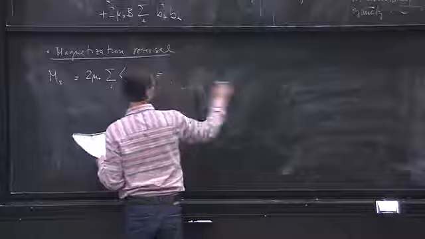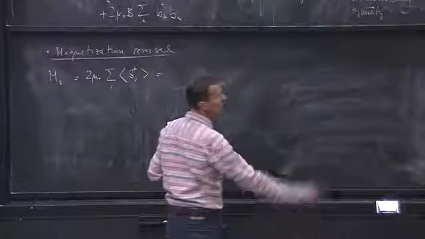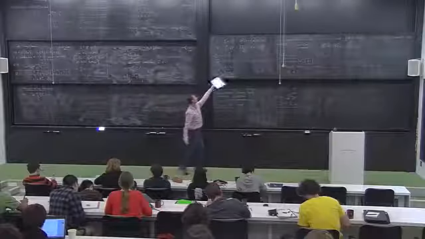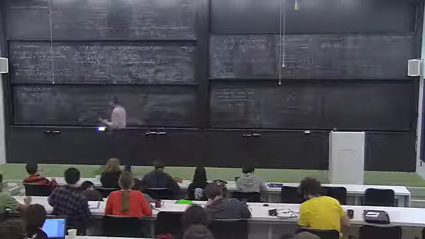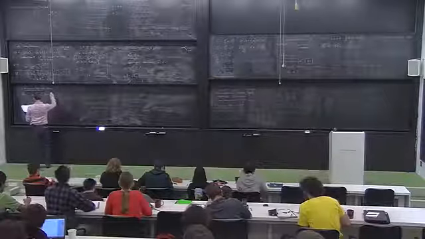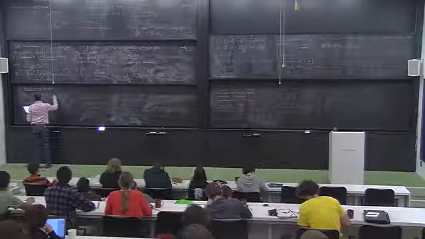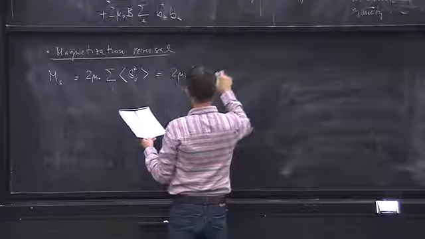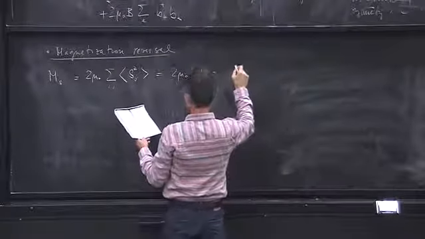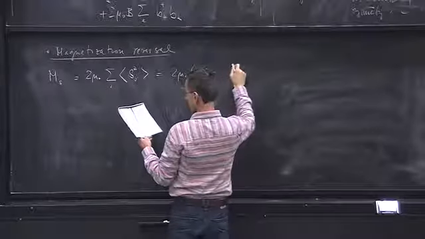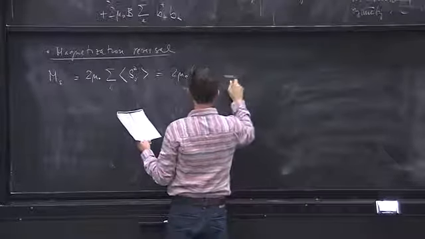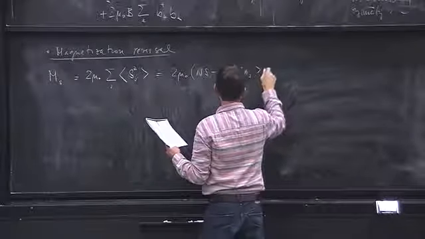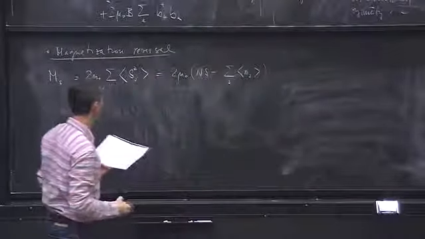When I substitute for S^z from here, I do the Holstein-Primakoff transformation, then this becomes 2 mu naught times S minus the sum over j of the expectation value of n_j.